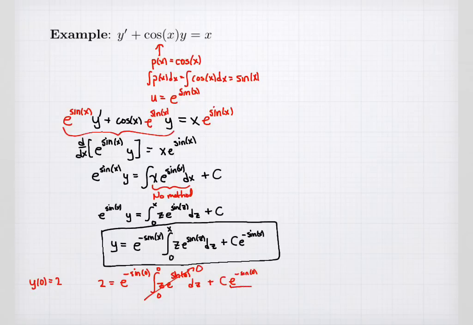And sine of 0 is 0, e to the 0 is 1. And so I get c is equal to 2.